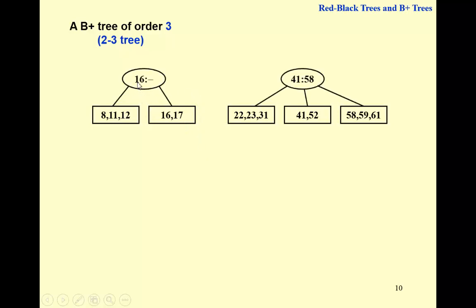So this is the first level of parent nodes. 16 is the smallest number here, and because this subtree is not full, we have one empty space left in this parent node. And this subtree is already full, so 41 corresponds to the smallest number here, and 58 is this 58.